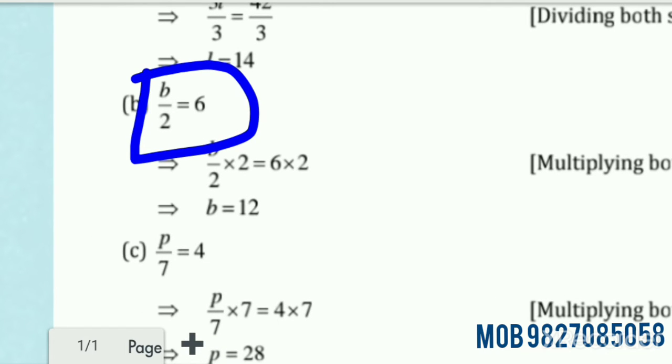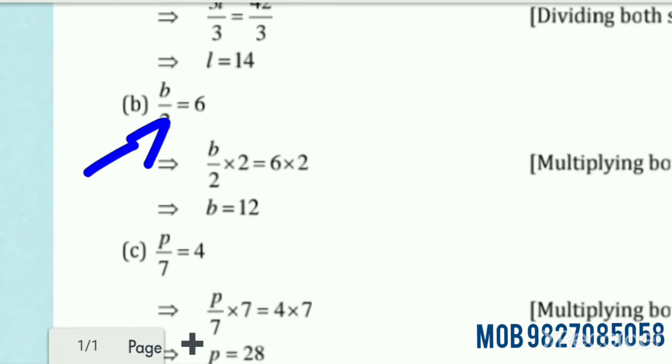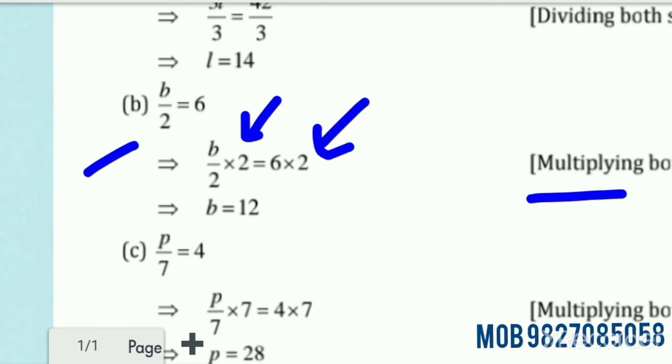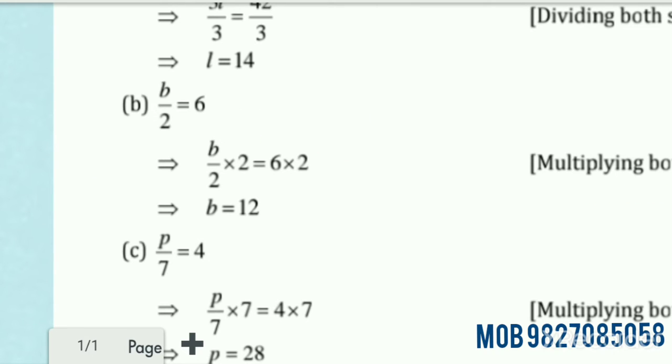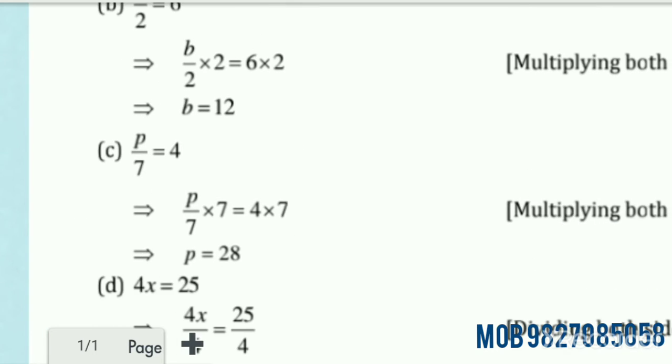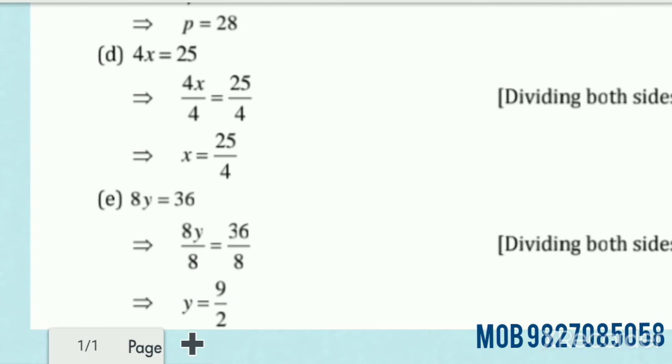So we have to remove the division by 2. So we are multiplying by 2 on the LHS and the right hand side, means both sides. So 2 and 2 cancel, and 6 times 2 is 12. So the answer is 12. Same as the questions, you have to solve them as your homework.